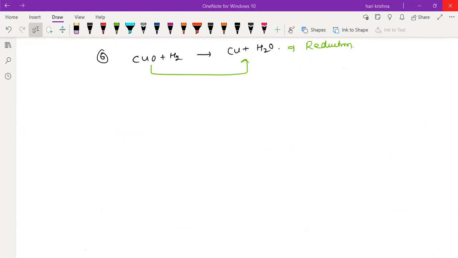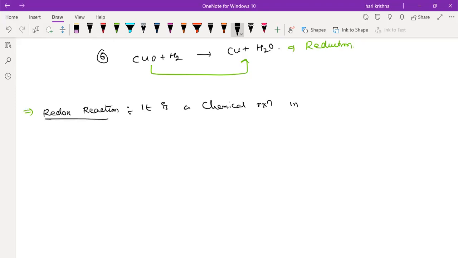This is a chemical reaction in which both oxidation and reduction take place. That is called a redox reaction.